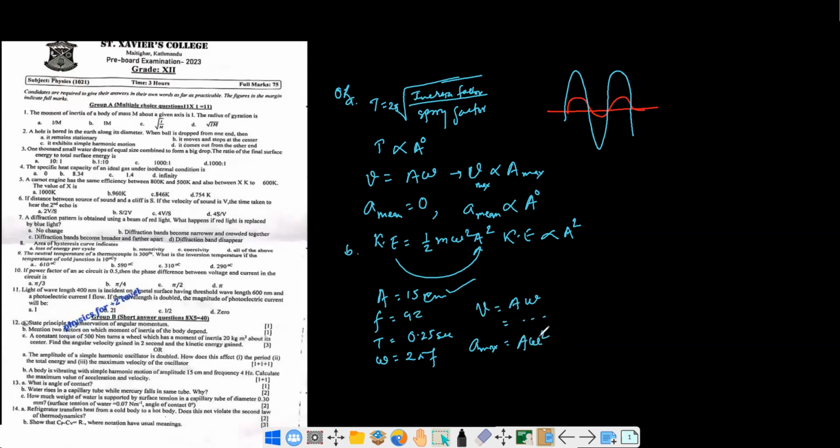You already have the value of omega and amplitude, so just put in the values, in radian per second square. This is how we can easily get the solution for this question number 12.